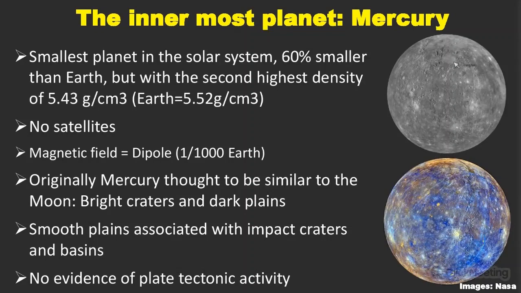But now we know that these two planetary bodies are very, very different, and there is no evidence of plate tectonics. What you see here is a false color image. It's an enhanced color image, which gives a much better idea of features in comparison to this albedo image.